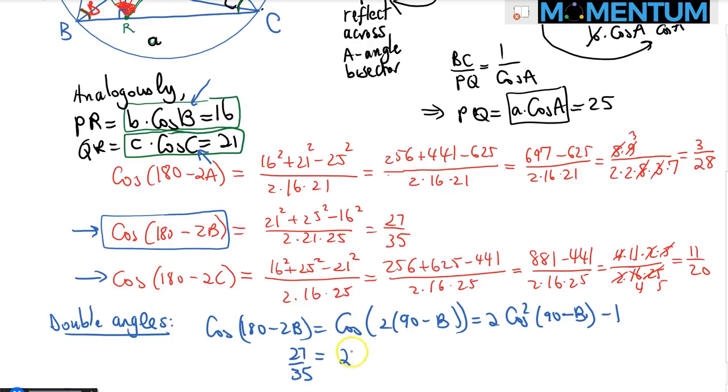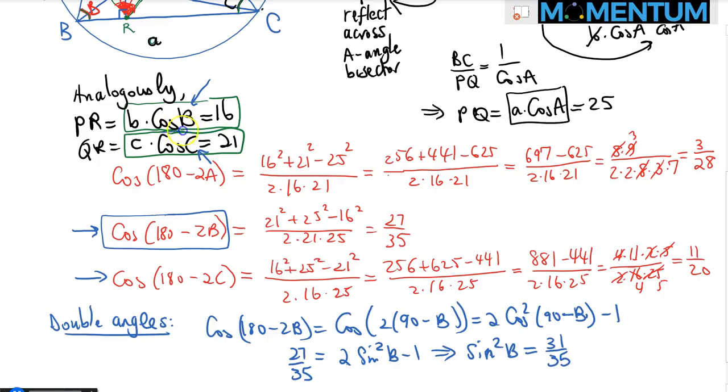Okay, awesome. So 2 sine square of b minus 1, and that would just give us, moving the 1 to the other side, 35 plus 27, and then we will eventually divide by 2 in the end. So that will give us sine square of b equals, I believe, 31/35.